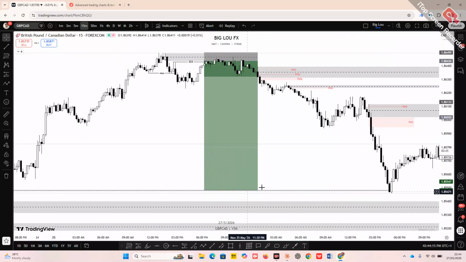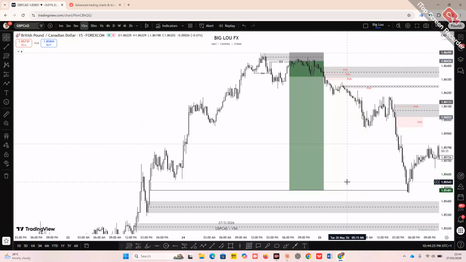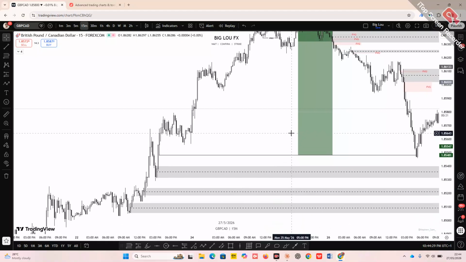I will tell you how I framed this. I'll show you how I framed this target and why price got to that target and rejected immediately. Now I use imbalances for my targeting. If you observe here, you'll see that this is a demand level and there's this heavy imbalance here.